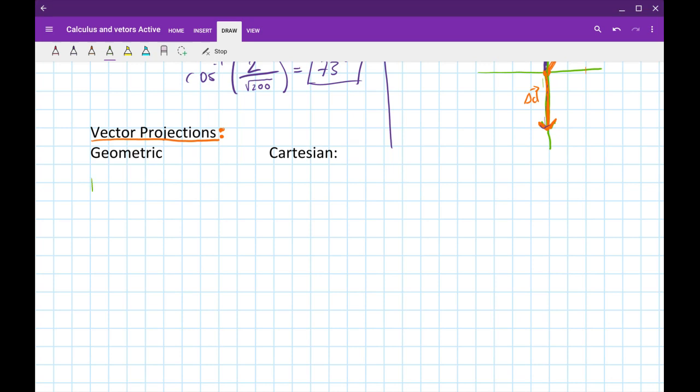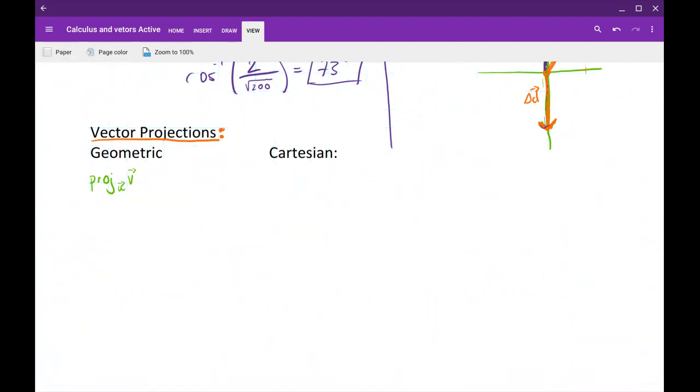So you would say the projection of a vector V onto another vector U is equal to, in a way, the V magnitude cosine theta times the U vector over the U magnitude.